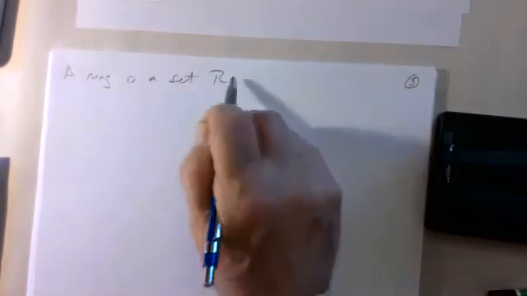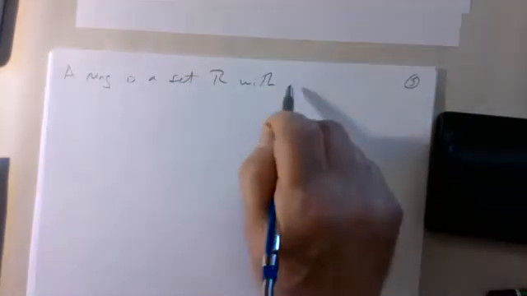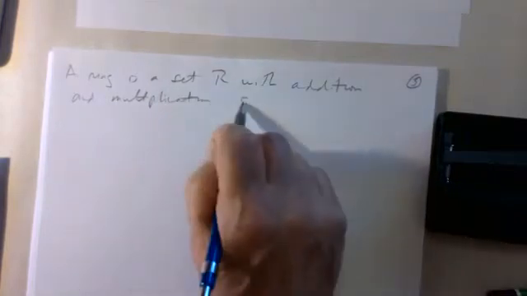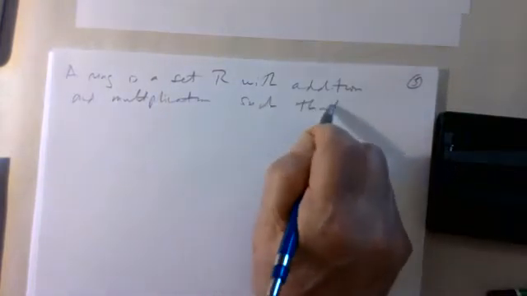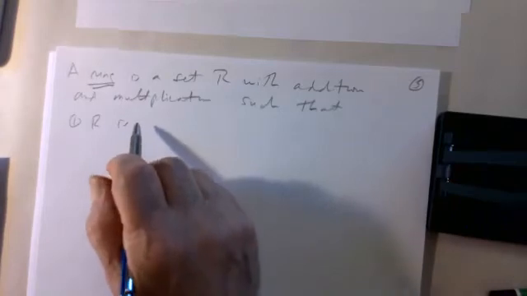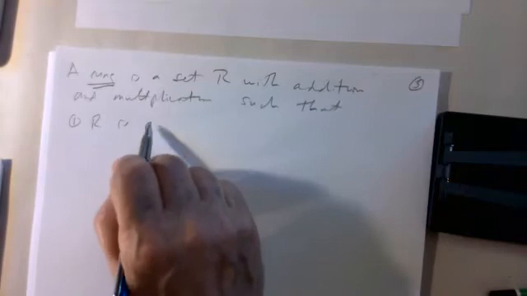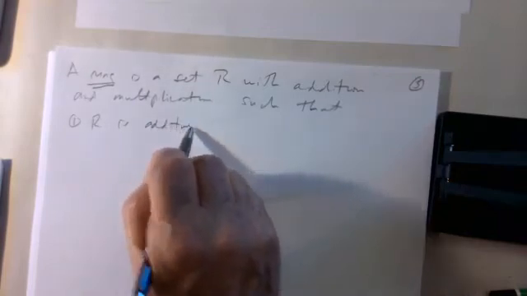A ring is a set R with two operations, addition and multiplication, that satisfies the following properties. First, with respect to addition, R is an additive abelian group.